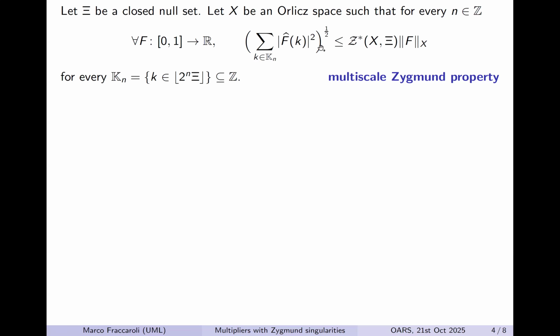And now suppose you can do the same upgrading estimates as before, with now summing over this set of frequencies K_n and having on the right-hand side the X norm of f. Okay, so before we had X equal to L log L and Xi being the lacunary set.